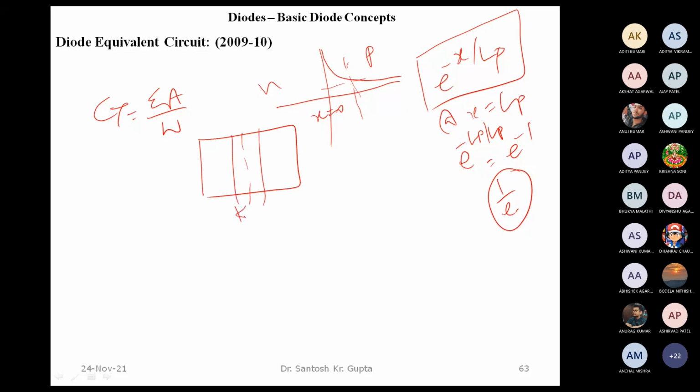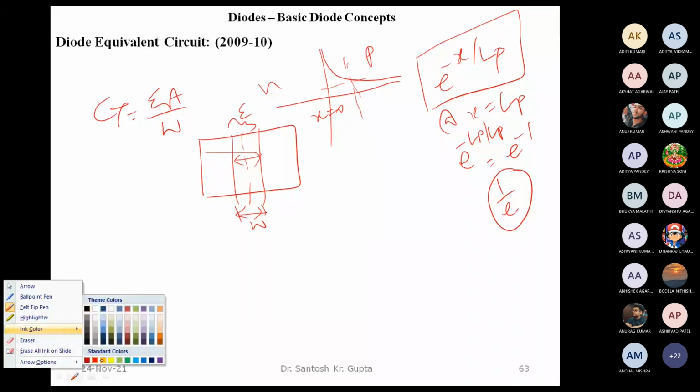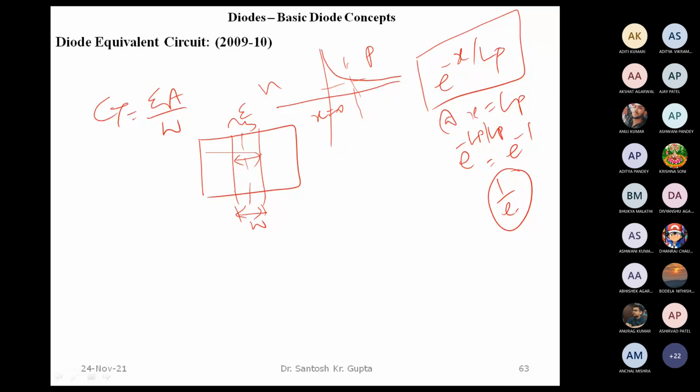the depletion width here, and epsilon is the permittivity of the silicon material here. So epsilon is permittivity, and A, which we see in this, is the cross sectional area here.